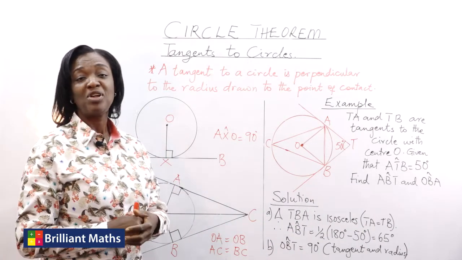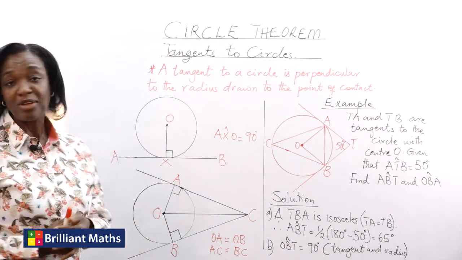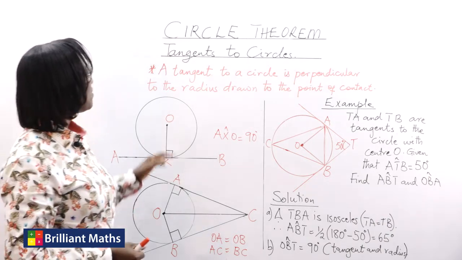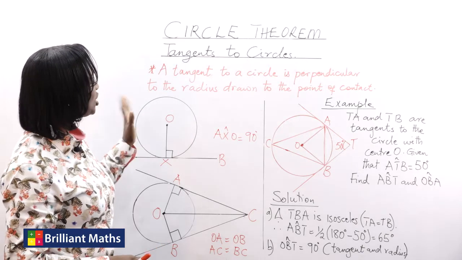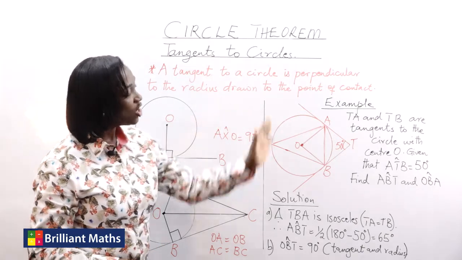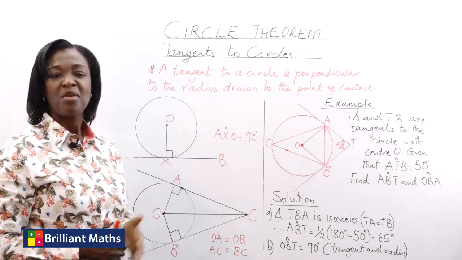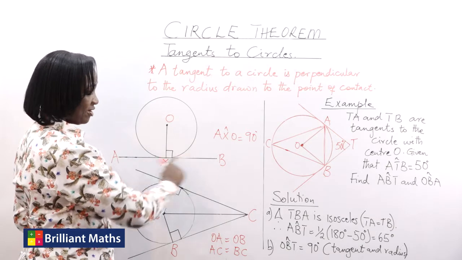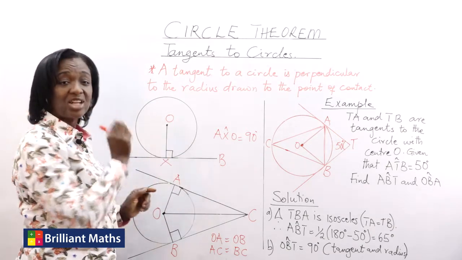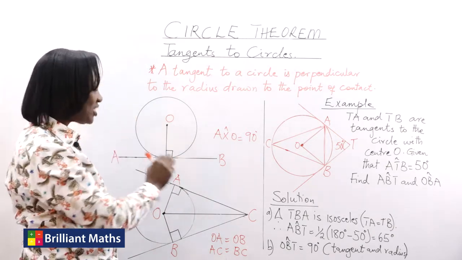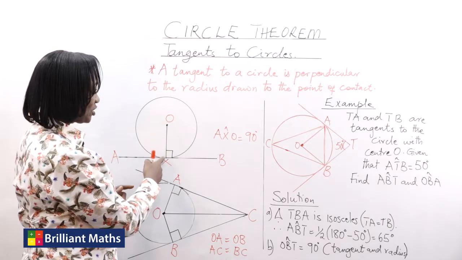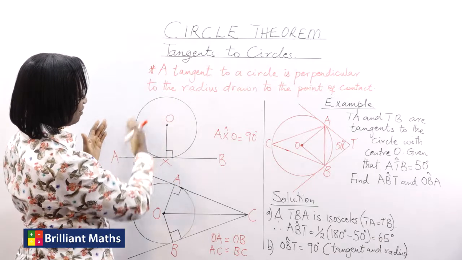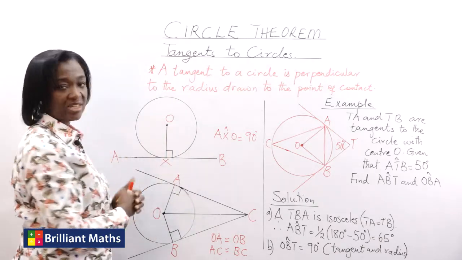In this lesson, we want to look at tangents to circles, still working with circle theorems. A tangent to a circle is perpendicular to the radius drawn to the point of contact. But what do we mean by a tangent? A tangent is a straight line drawn that touches a circle at a particular point, and that point is called a point of contact. For example, we have this circle, and AB is a tangent.